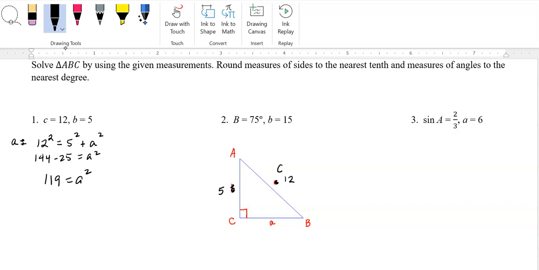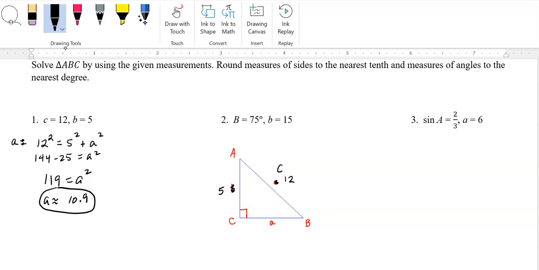So in our calculator, let's go to square root 119, and we're rounding sides to the nearest tenth. So the decimal is 10.908, so A to the nearest tenth is going to be 10.9. All right, so that's one of the missing pieces that I'm supposed to find.